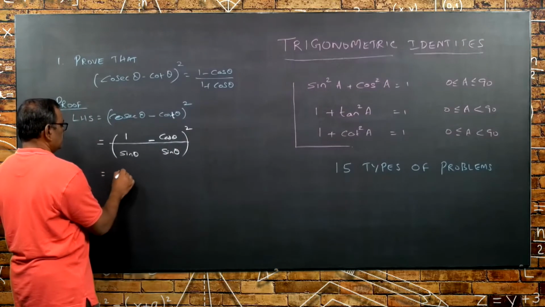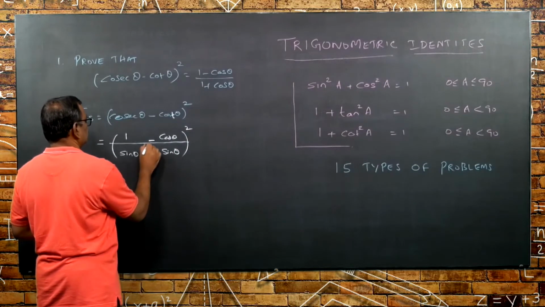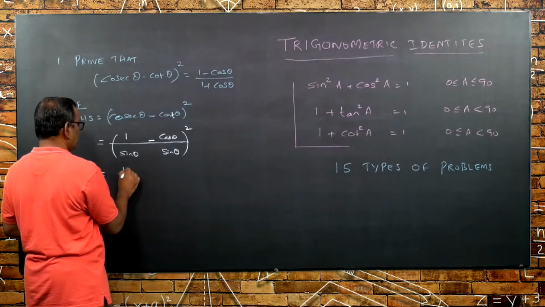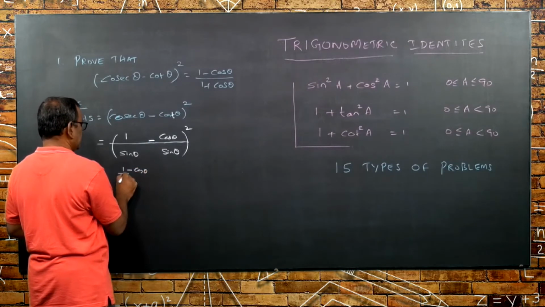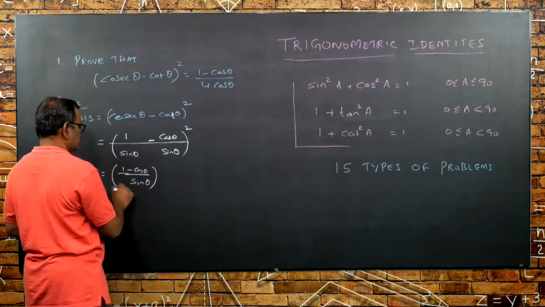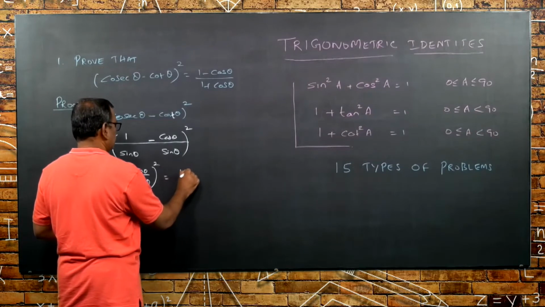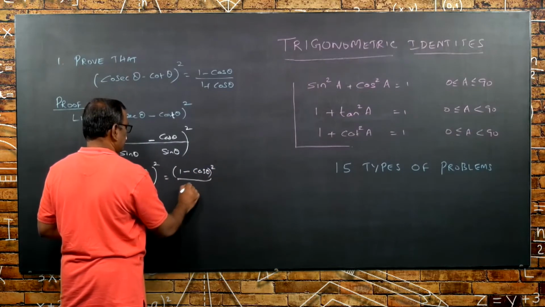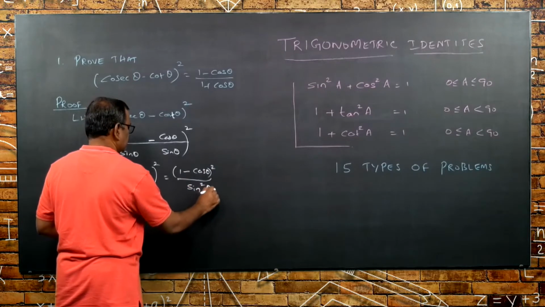which is equal to 1 minus cos theta by sin theta the whole square, which is equal to 1 minus cos theta the whole square by sin square theta.